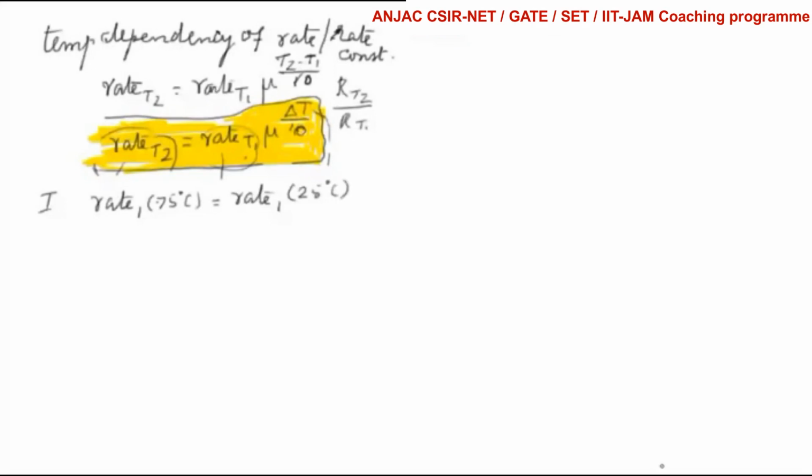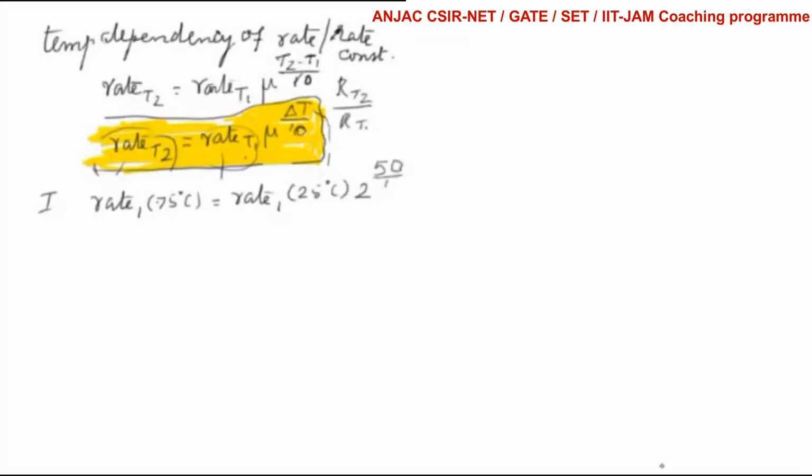Mu for the first reaction is 2, into delta T. The lower temperature is 25 degree and the higher is 75 degree, so the difference is 50.